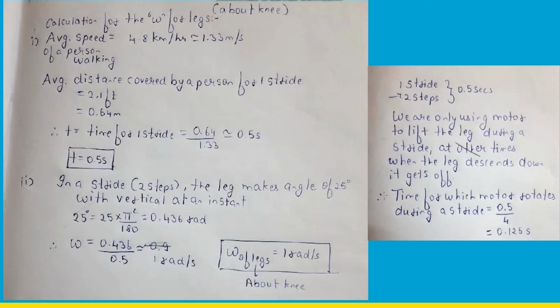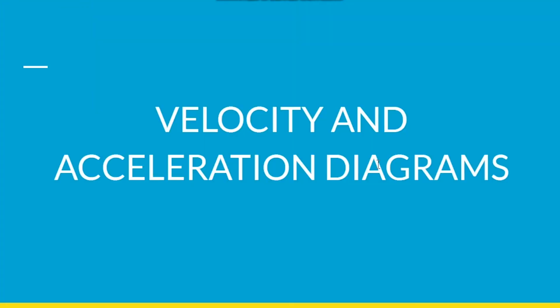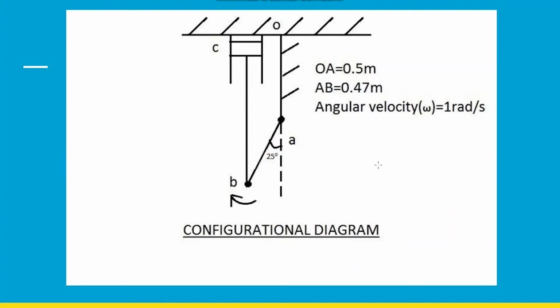Now we will be talking about the velocity and acceleration diagram. Referring to the figure, we have assumed the thigh and cylinder to be fixed because the movement of the thigh and cylinder is very negligible compared to the other parts, and they make a very small angle with the vertical during their motion.